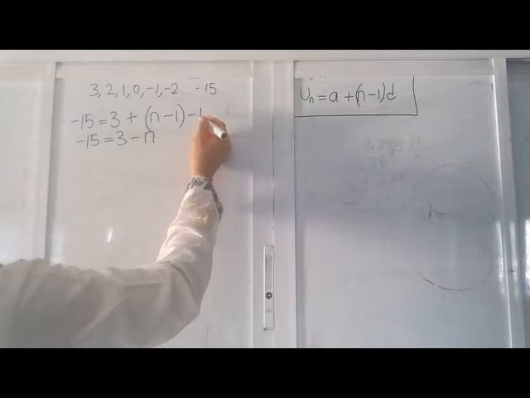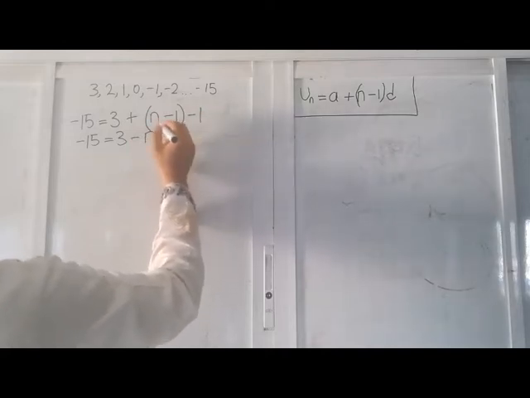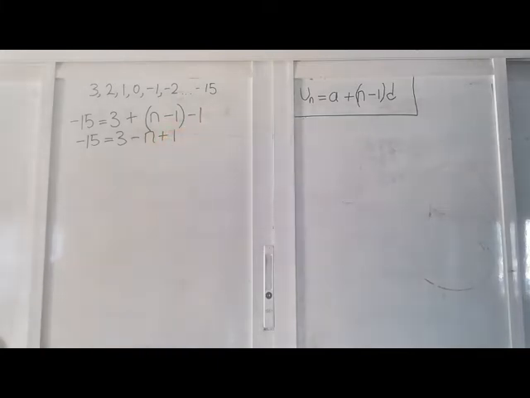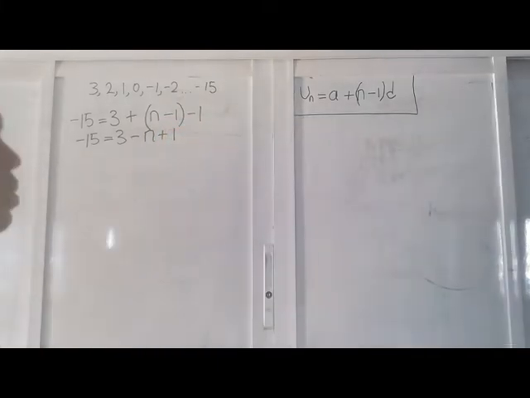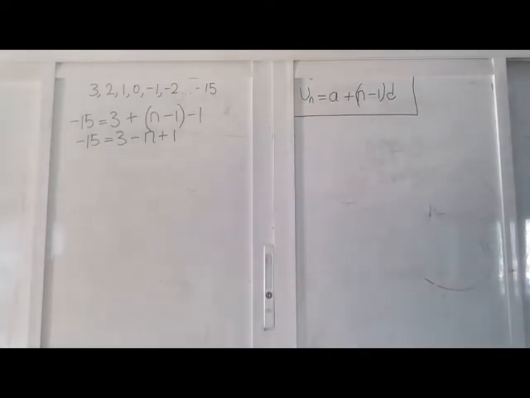Minus 1 times minus 1: minus times minus will give us plus, and 1 times 1 will give us 1. So this is the state of the equation right now. The next thing we can do is to collect like terms.